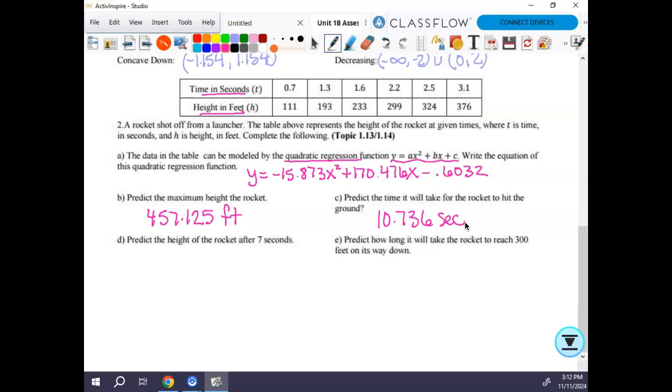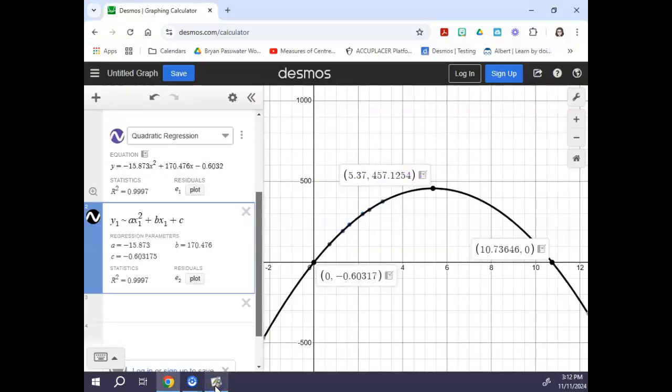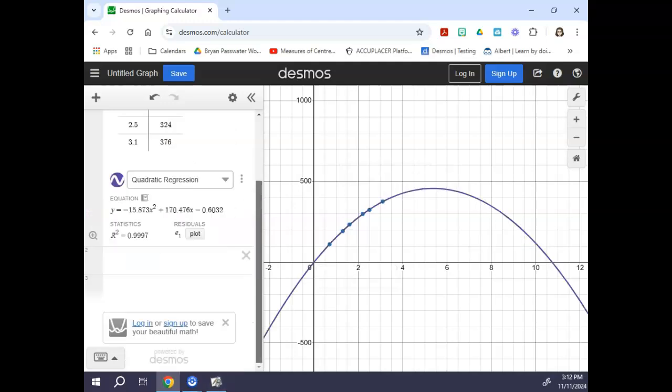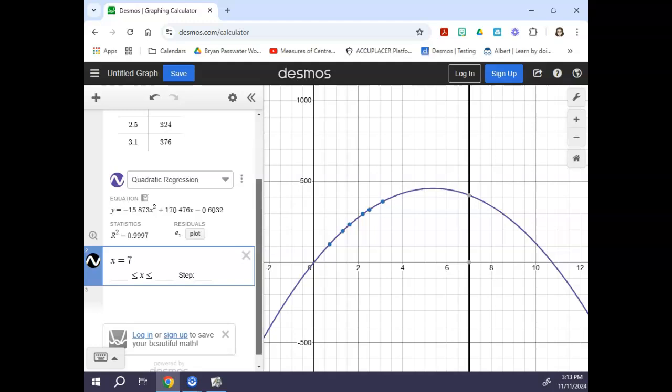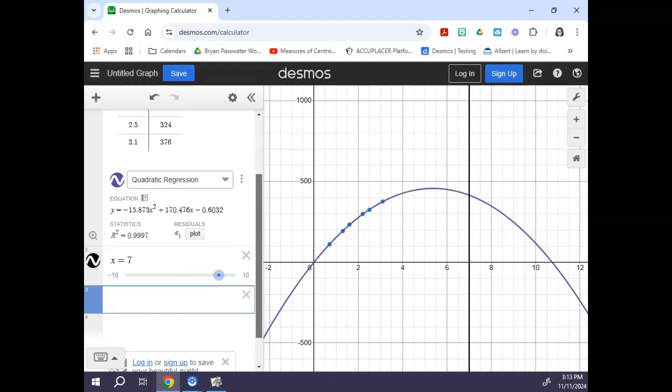And then predict the height of the rocket after 7 seconds. Well, I'm going to X this out just to get that kind of out of our way there. After 7 seconds, that is my X value, so I can put X equals 7. And there's that.